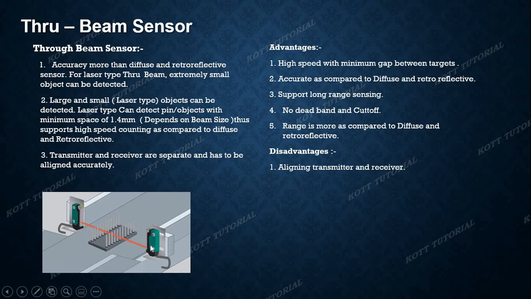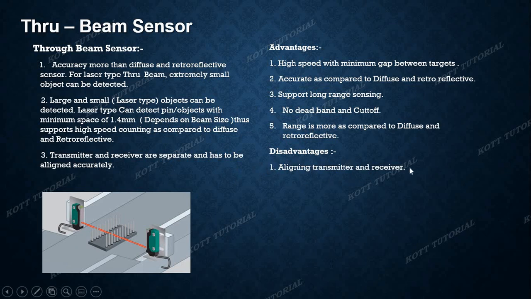There is no cutoff range like a minimum zone or dead zone. If our needle comes at less than 5 mm also, it can detect. So there is no deadband or cutoff. Only the area between the transmitter and the receiver matters. If any object comes in between, it will detect successfully.